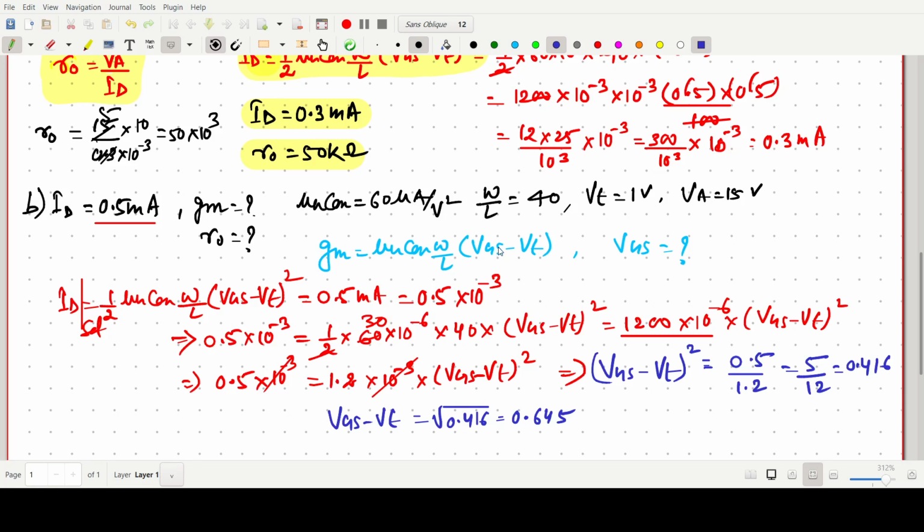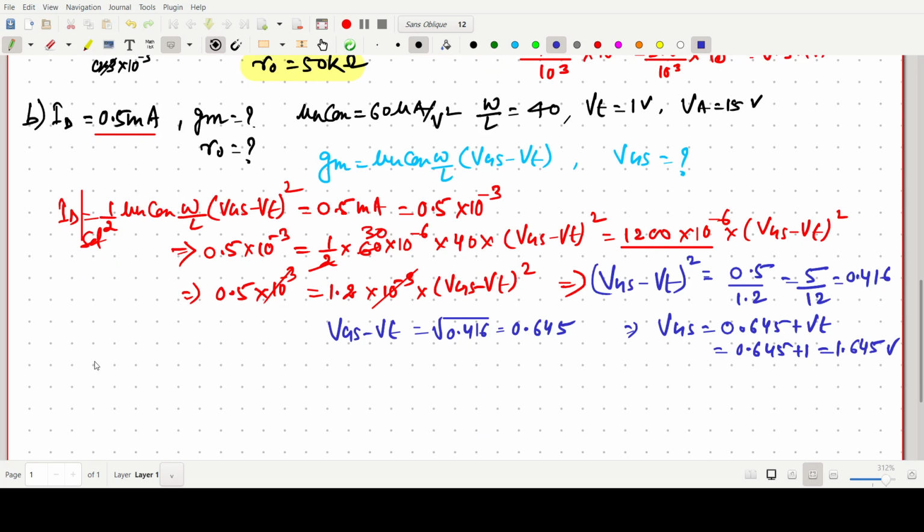So VGS minus VT is required, and we have already calculated it. VGS also we can say is VGS minus VT plus VT. So if we have to find VGS, it should be 0.645 plus VT. VT is 1, so 1.645 volt. I am writing each and every step. But our desired thing is VGS minus VT.